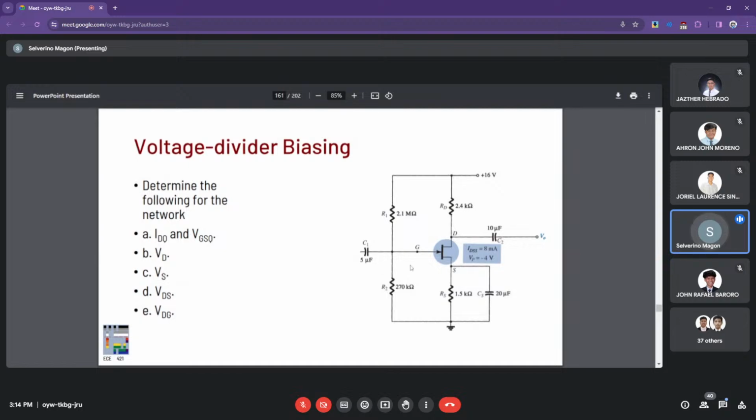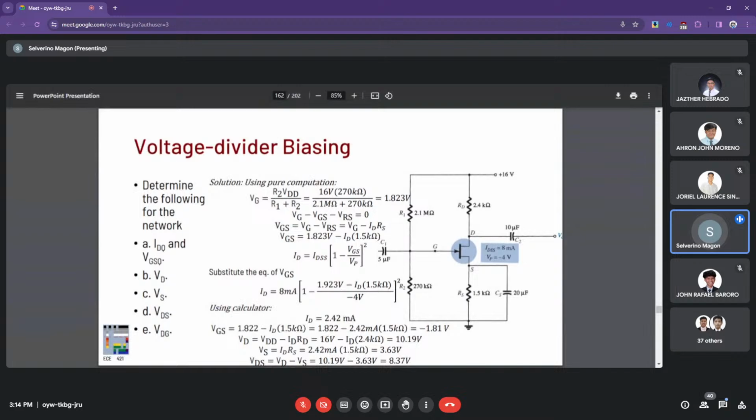Okay, so for some practical examples, we look into the following. So here we have the resistors in the network provided. And from the data sheet, we can obtain the drain to source saturation current at the pinch-off voltage of -4.